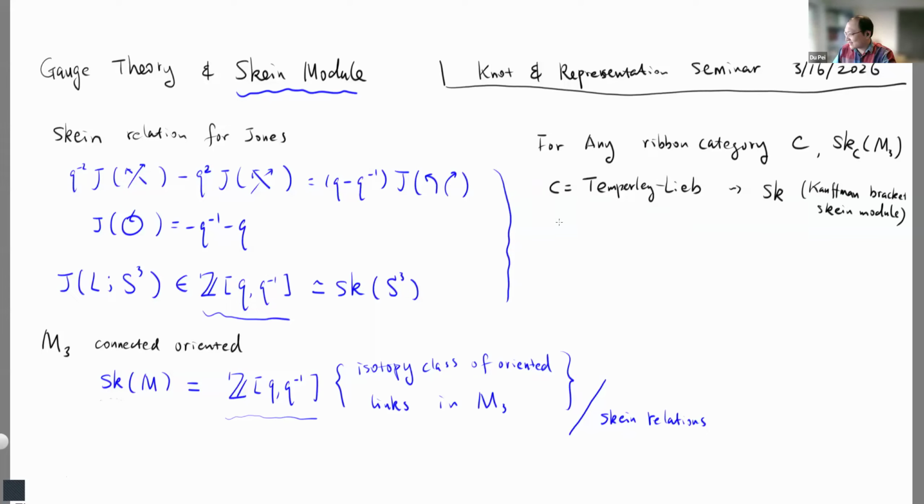And another example, which is more relevant for us, is when C is Rep_q G, with G being a Lie group. Let's assume it's connected, compact.